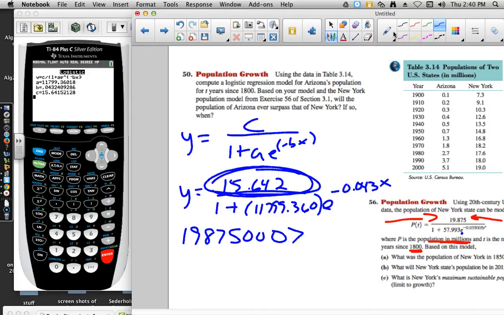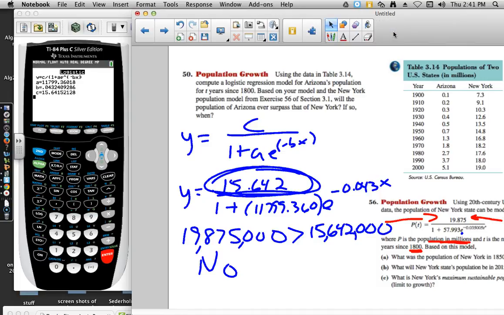We need 6 decimal places, 15.642000, because that shows we know what we're talking about. They're both in millions, and 19 million and change, almost 20 million, is definitely greater than almost 16 million. So will the population of Arizona ever surpass that of New York? No, none. It isn't going to.